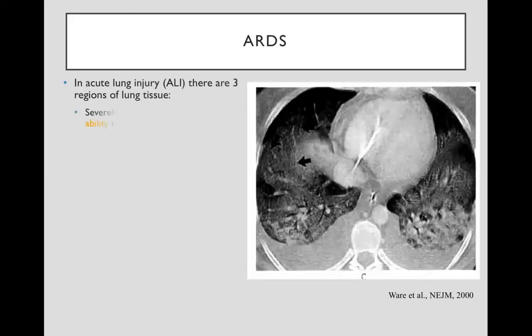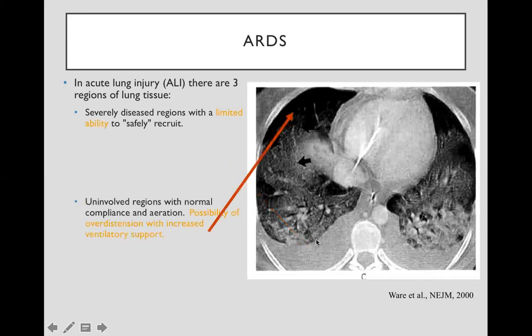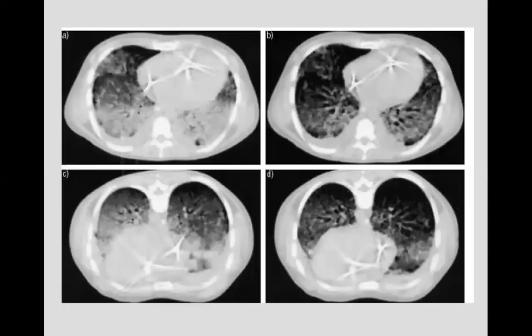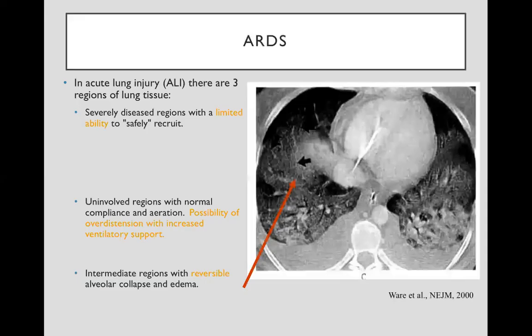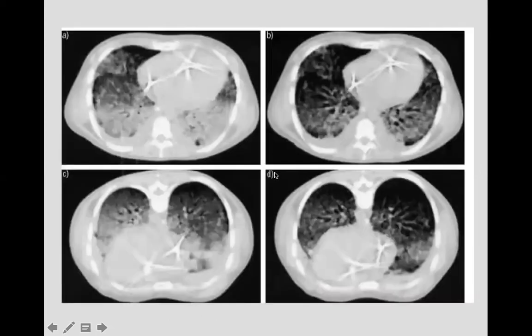So when you look at ARDS, you're going to see in the supine position that the dependent part of the lung is almost all atelectatic. Then you have the part which is absolutely anterior, which is either normally inflated or tending to overinflate. And then you have the middle portion, which is possibly the part of the lung which you can actually recruit or open up.